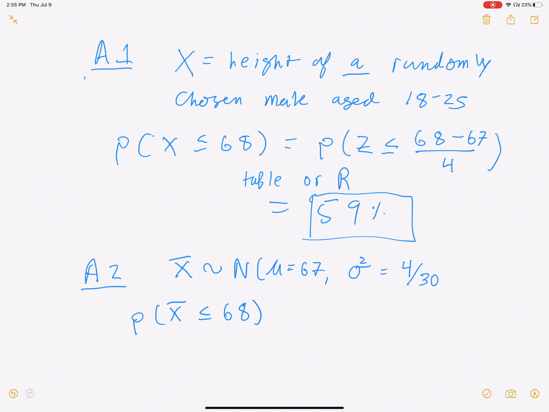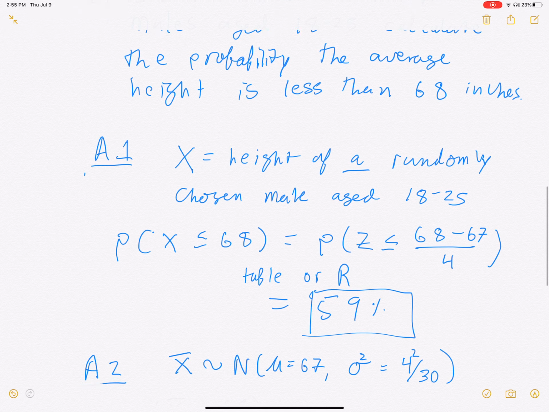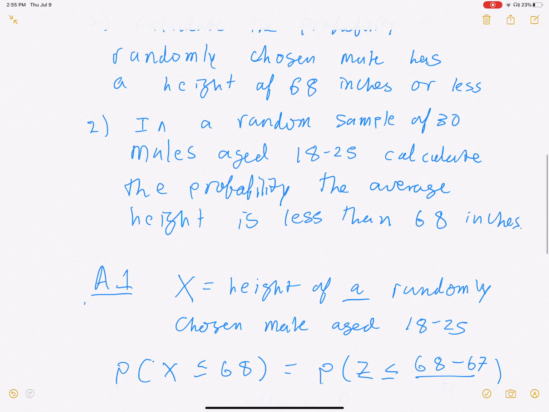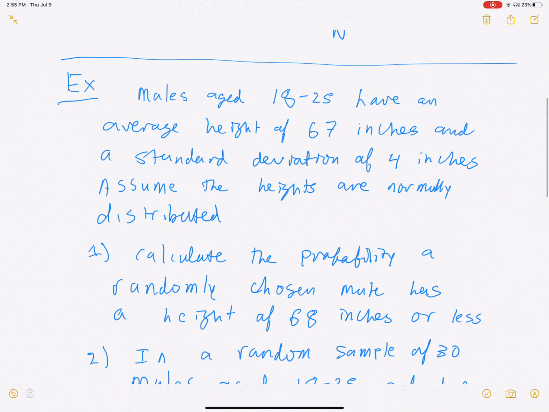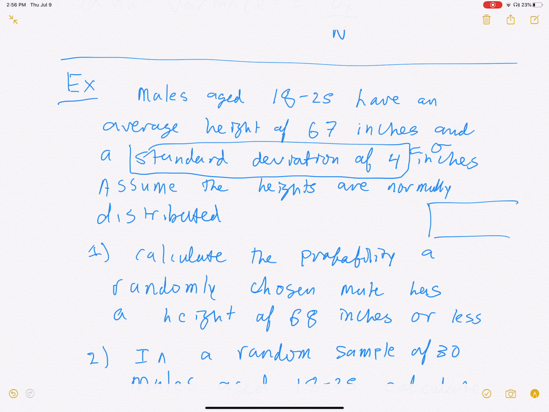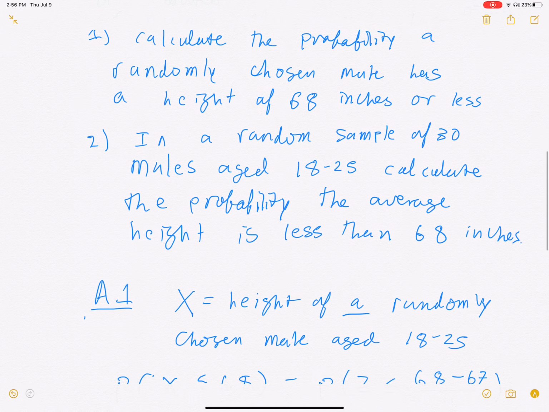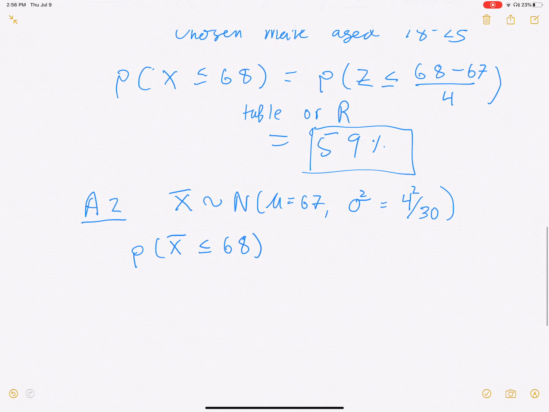Excuse me, the old variance is going to be 16 because it's the square of the standard deviation. So remember, the standard deviation was 4. That's sigma. So variance is equal to sigma squared, which is 4 squared. So I needed to do that as a 4 squared right here.